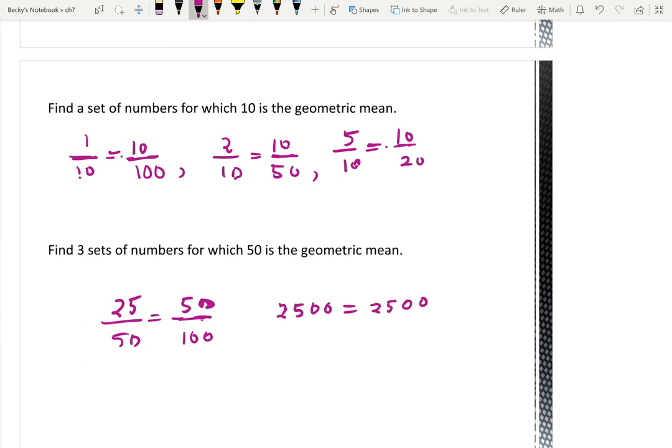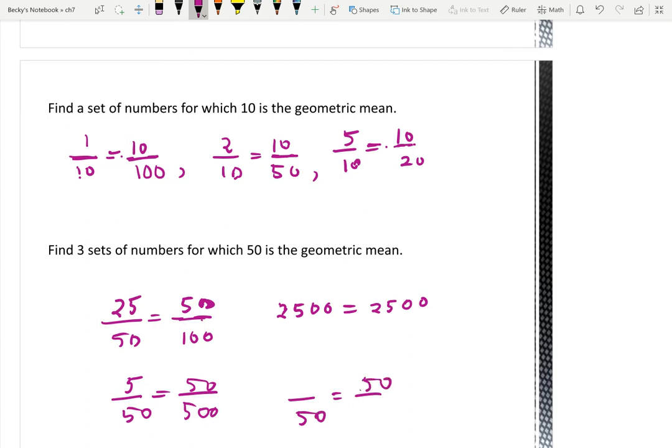Now we need three combinations. Okay, so we have 50 and 50. And you can grab a calculator and see what goes into 2,500. So 25 and 100. Let's just do 5 and 500. And we have one more.